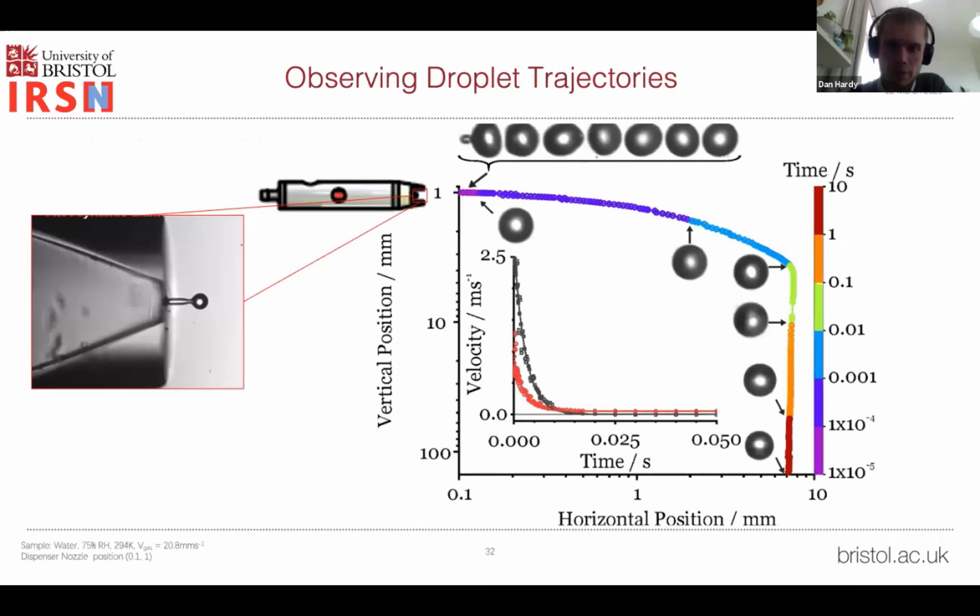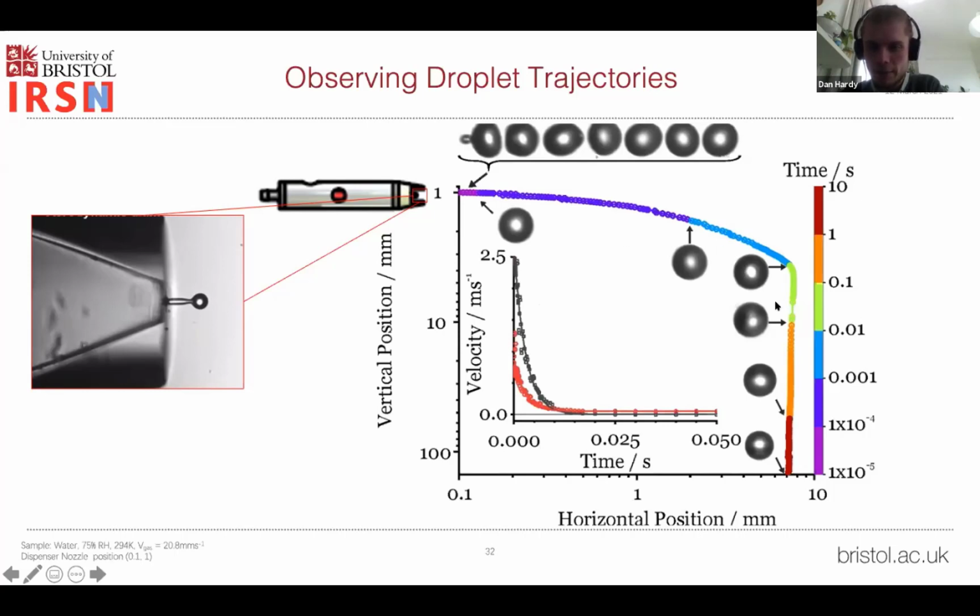Into the side of my instrument, I inject droplets, and I've plotted their trajectory here. Note that it's on a log scale, so they're not moving as far horizontally as it might look. They decelerate horizontally and then begin to fall vertically at their settling velocity, and you can see the velocities slowing down to their terminal settling velocity.